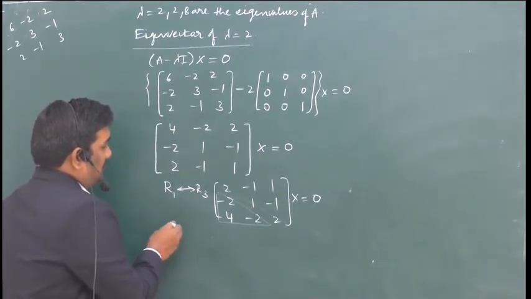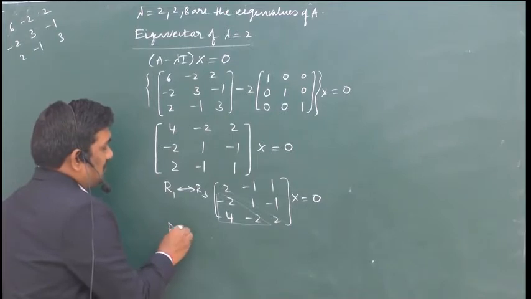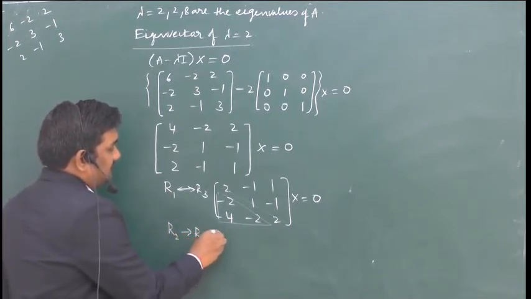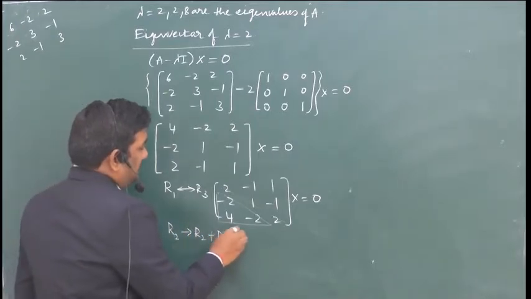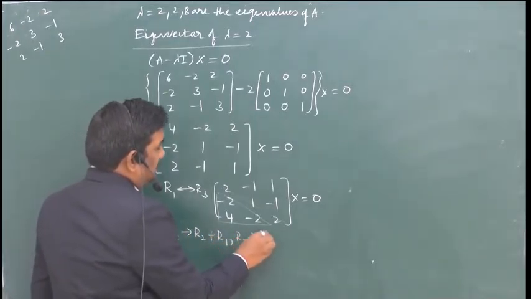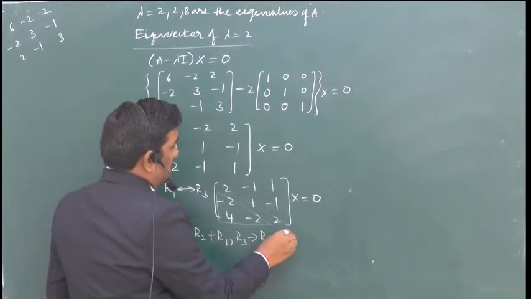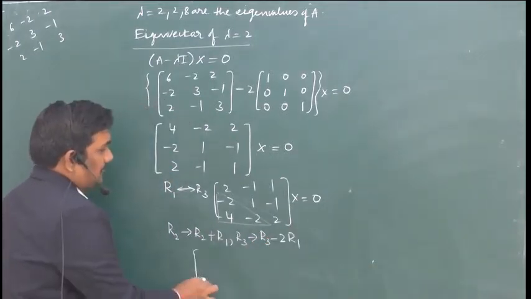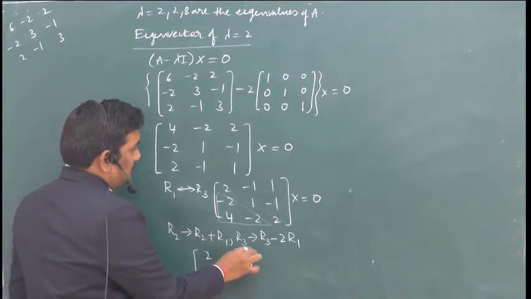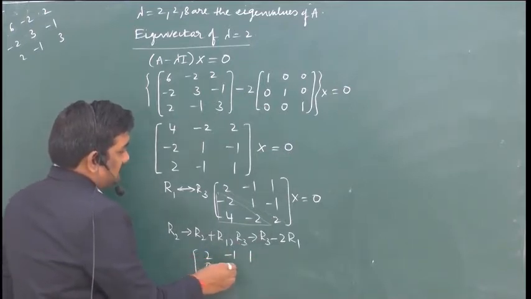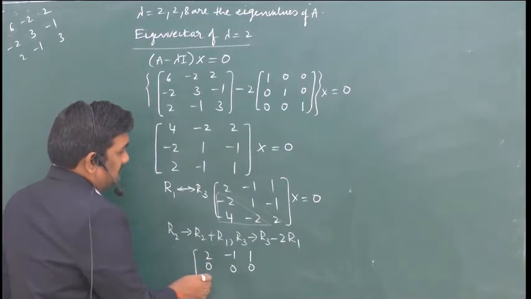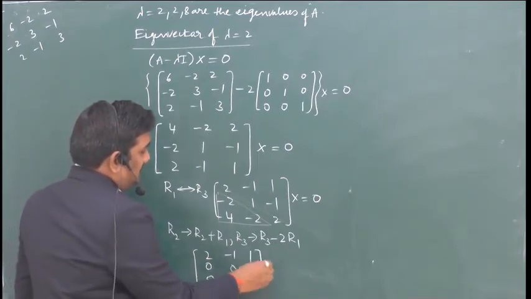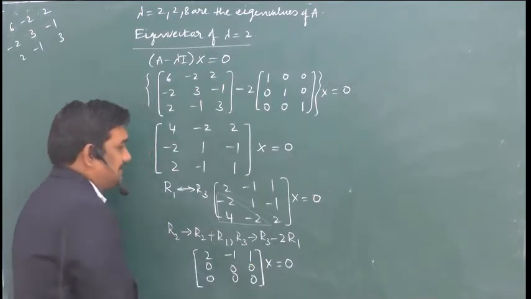Let us apply the row operations: R2 to R2 plus R1, and R3 to R3 minus 2 R1. So it will be 2, minus 1, 1, and then rows of 0 0 0, 0 0 0, into capital X equals the null matrix.